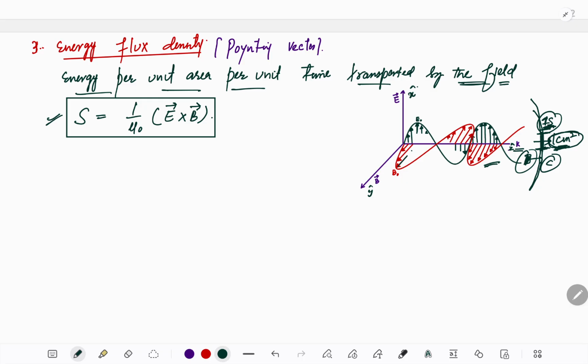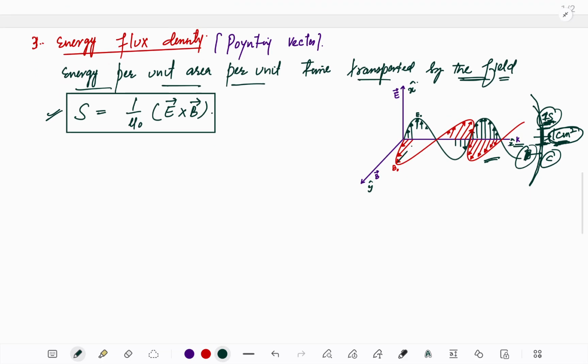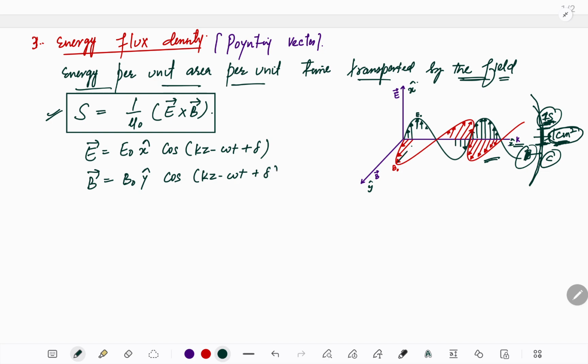So basically 1 over mu 0 E cross B, the Poynting vector, gives us the energy per unit area per unit time transported by the field. Now we know from these two equations that the electric field is E naught x cap cos of kz minus omega t plus delta, and B is B naught y cap cos of kz minus omega t plus delta.